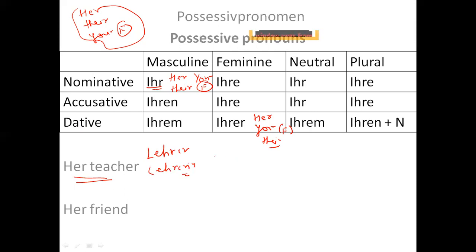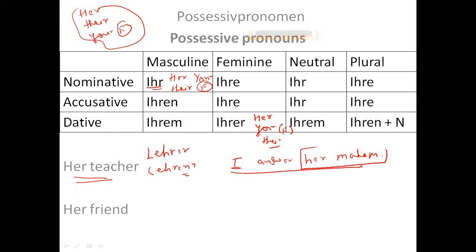For example, the sentence says, I answer her madam, her teacher. I answer her madam, right? So here it is saying her madam.